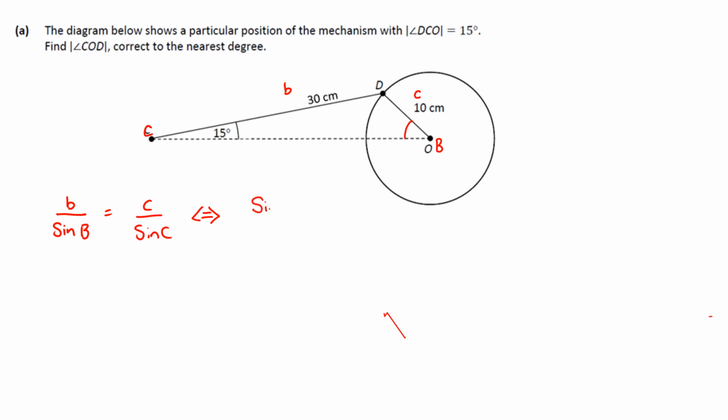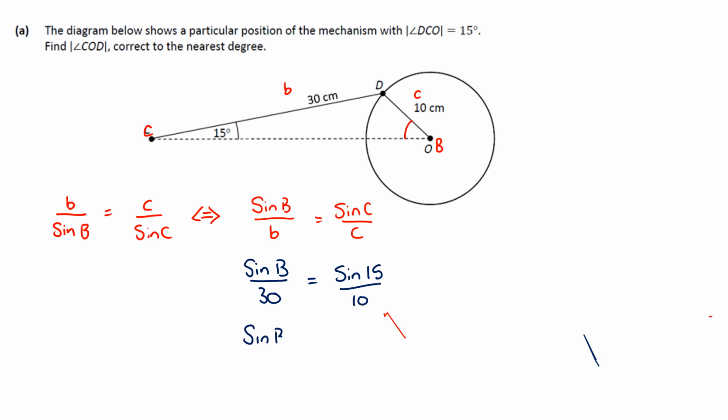So I'm going to do it as sine B, which is what we want, over B is equal to sine C over C. So what we get is the sine of angle B, that's what we're looking for, over 30 is equal to the sine of 15 over 10. That means the sine of B is equal to, multiplying both sides by 30, 3 times sine of 15.